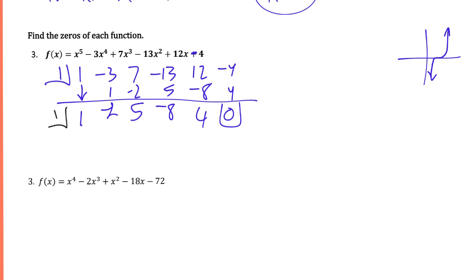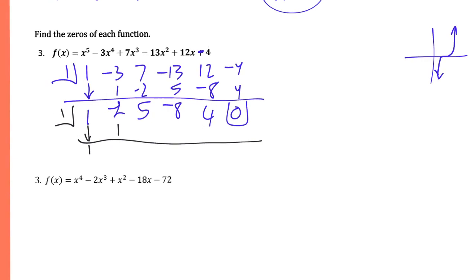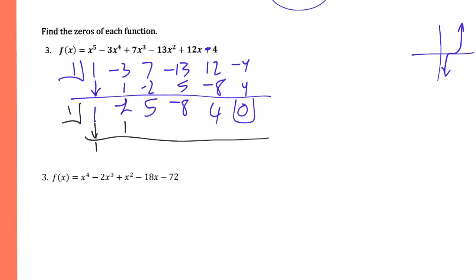And it does, so let's do it again. Let's do 1, and then 1, and then that's negative 1. Oops, hang on. Negative 1, then 4, and negative 4, then 0. Now, here's the deal. I can technically do 1 more time, or I can factor by grouping.